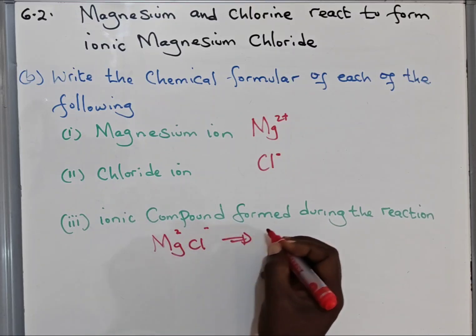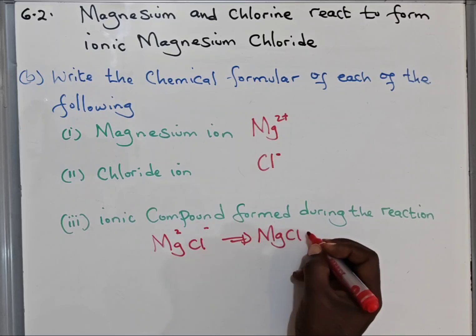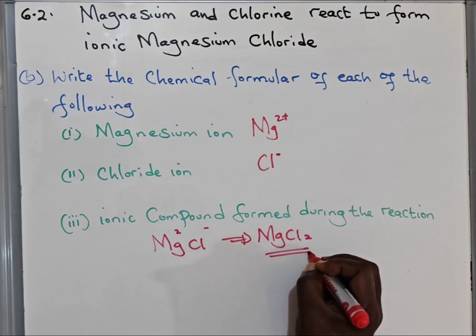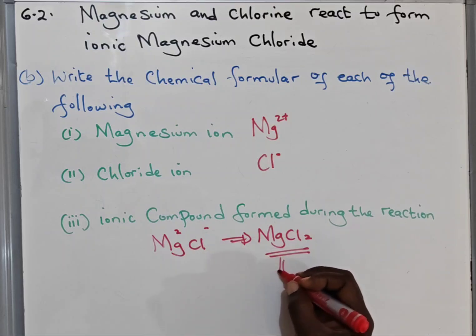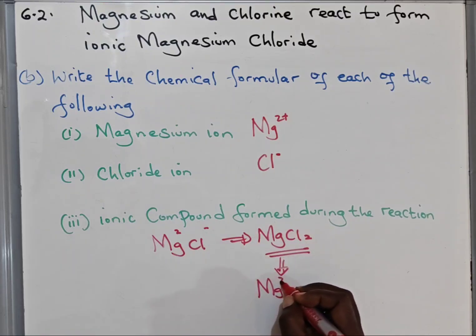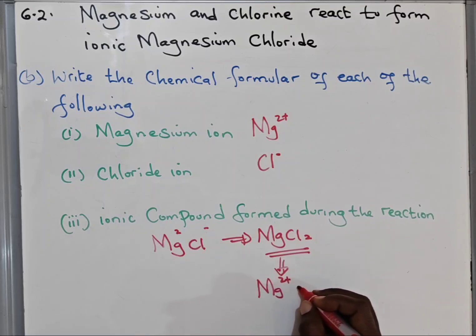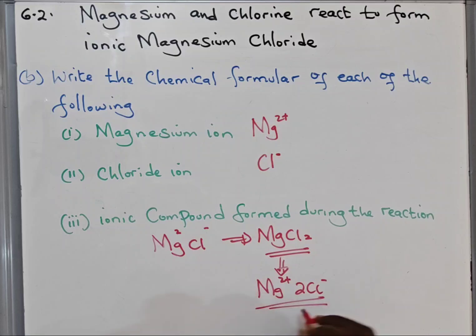Exchanging the valence, we have MgCl with a 2 here. If you are indicating this ionically, you can write Mg with a 2+ and 2 Cl minus. Yes, this is it.